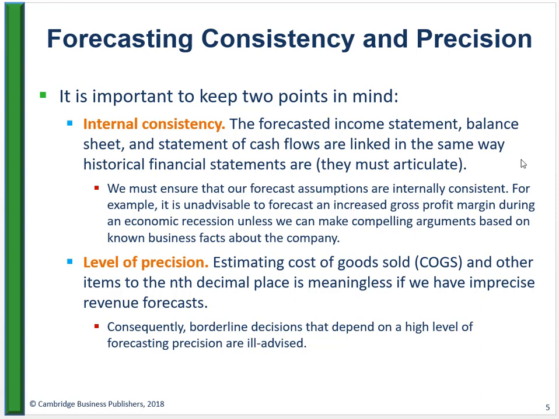It's not internally consistent with the historical numbers that the business has generated, and therefore likely an indication that something's amiss. We can similarly do the same thing with all of the ratios that we've looked at in the past that we studied in Modules 4, 5 and 6. Look at gross profit margins, asset turnover, inventory turnover, so on and so forth.